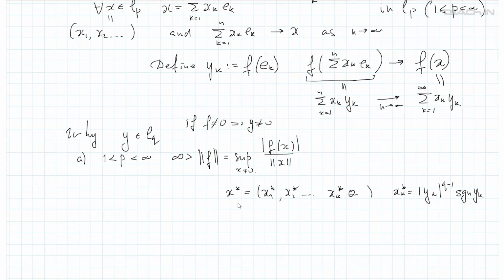So let's take away the stars and put n here, and then construct the finite sequence xn, where xk equals yk to the q minus 1 times signum yk for k equals 1 to n.